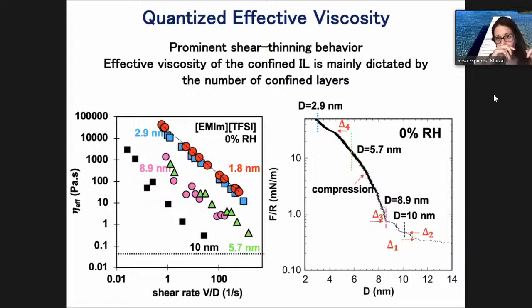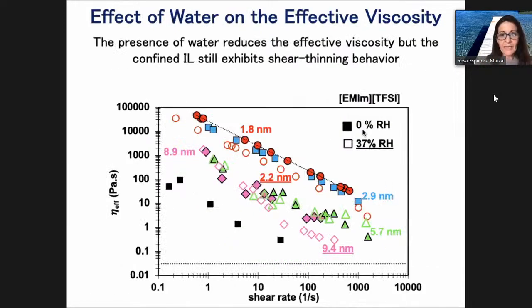The same measurements were performed at 30% relative humidity, and this diagram is very confusing, so I will try to navigate you through it. The empty symbols are for the humid ionic liquid, and we have here results at 9.4 nanometers, here at 5.7 nanometers, as well as here 2.2 nanometers in red.